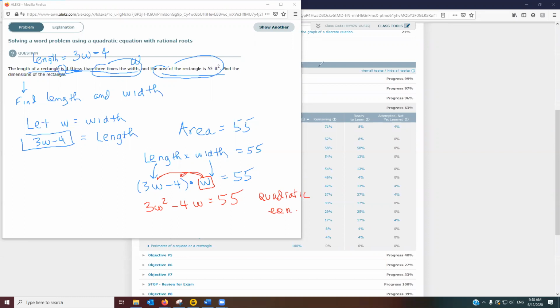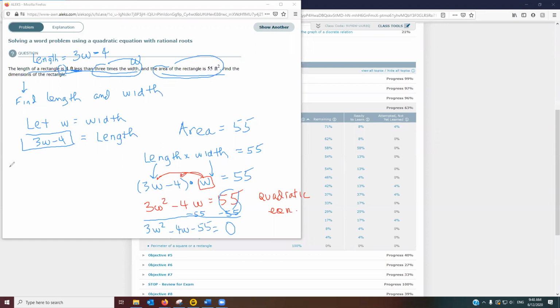So let's follow the steps that we talked about to solve a quadratic equation. The first step is to get the equation set equal to 0. So I'm going to subtract 55 from both sides, because that's going to get me a 0 on this one side. Okay, so that's step 1.